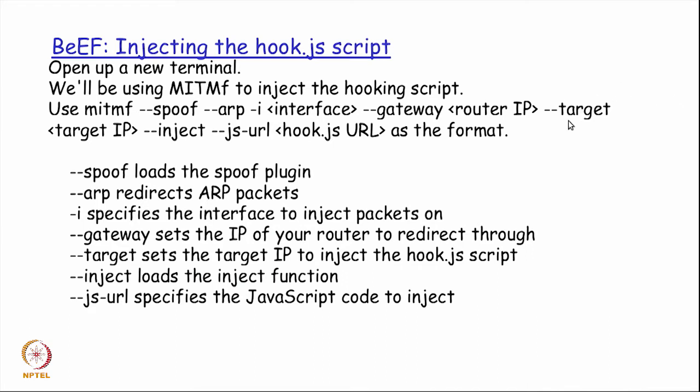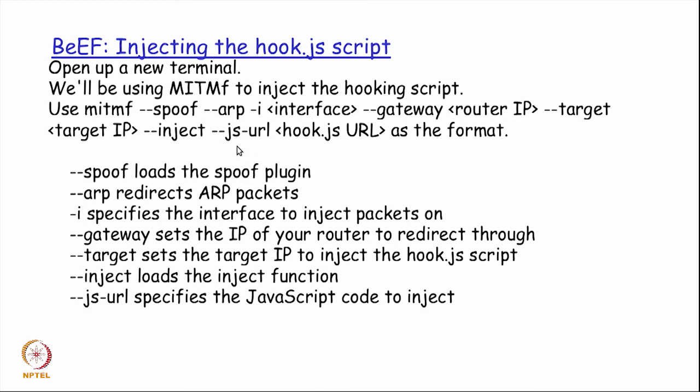With --arp we want all the ARP packets to be redirected. -i gives the interface on which the packets have to be generated and injected. --gateway gives the router IP, the default gateway to which the packets have to be redirected, and --target gives the target IP into which the hook.js script has to be injected.